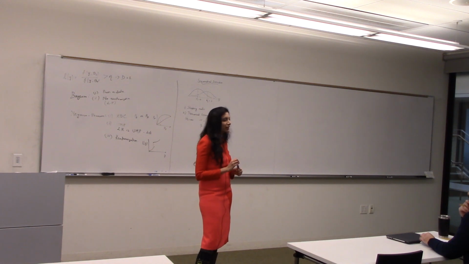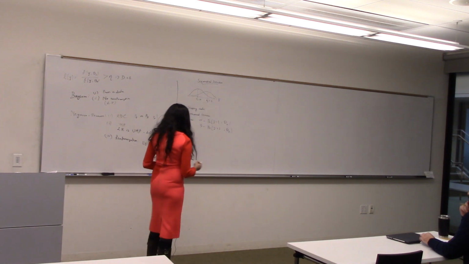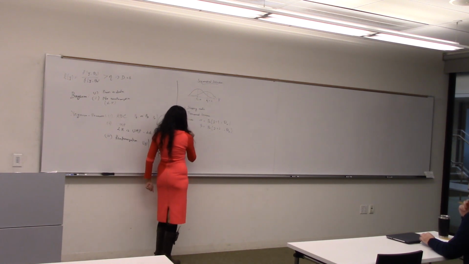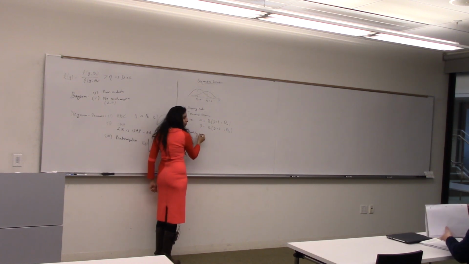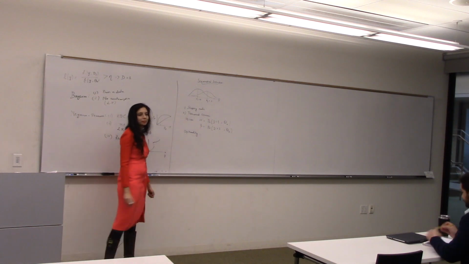So what do you think will be the form of optimal detector for this? For that, optimality, how do I define optimality in this setup? What would be the criterion?